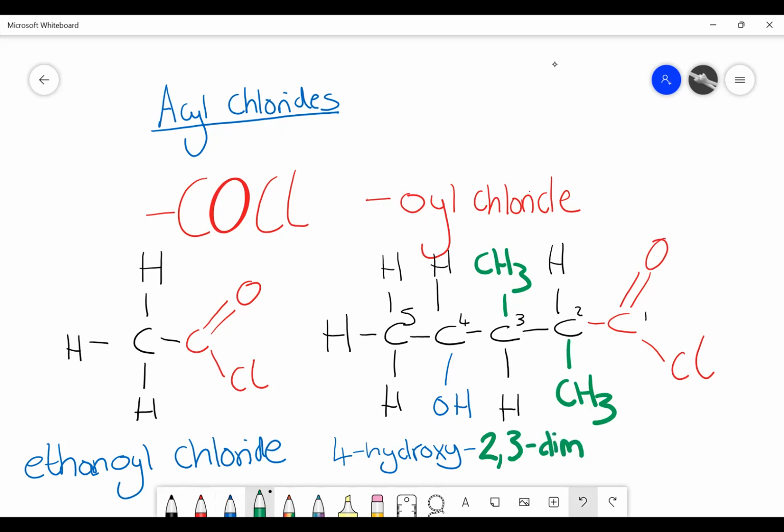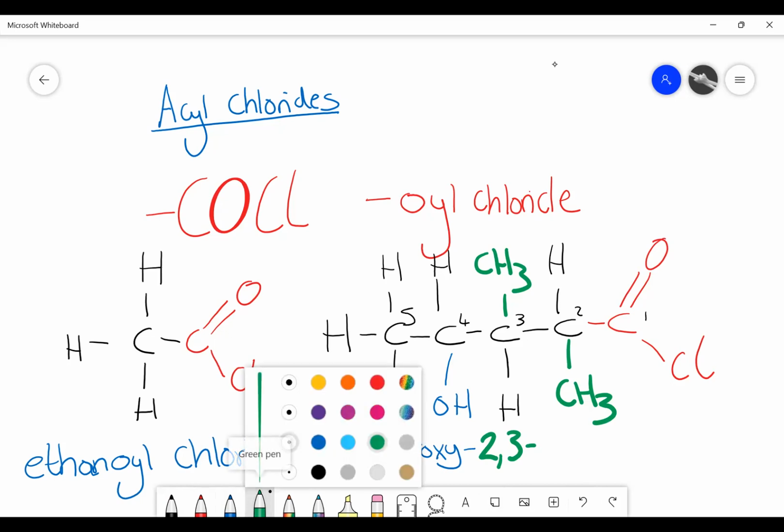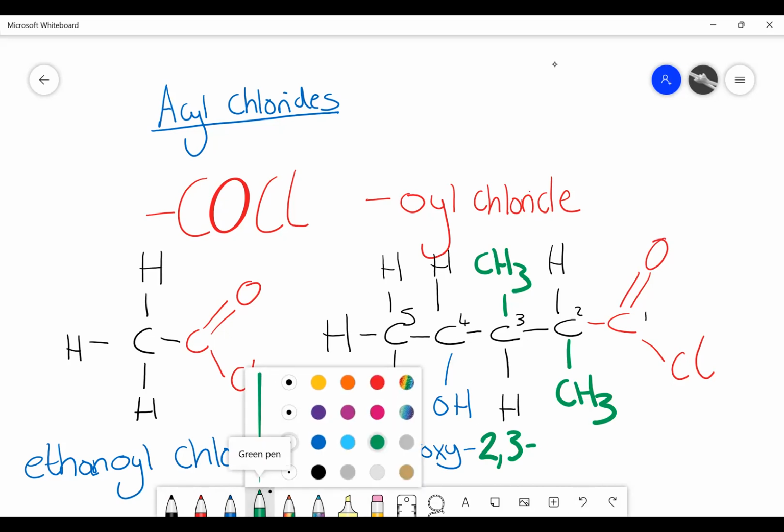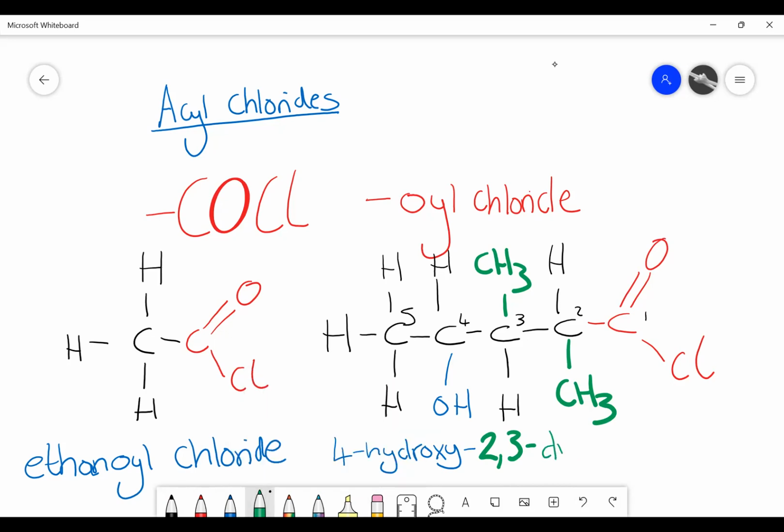dimethyl. Oh, not sure why my green pen's so big. One second. Dimethyl, 5 carbons, so pentane, it's pent, and oil chloride.